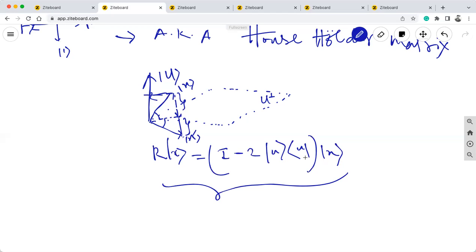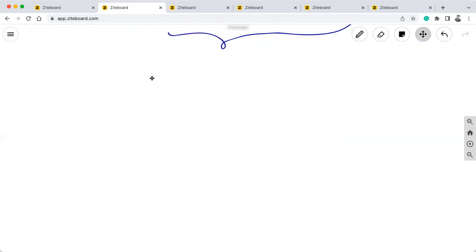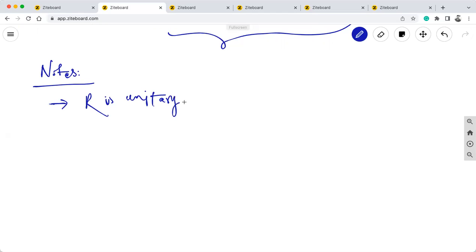So there are certain notes. R is a unitary matrix, and Hermitian.